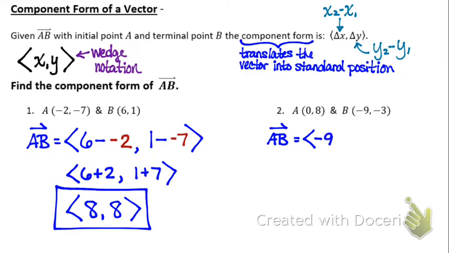Negative 9 minus 0, because it's always the second one minus the first one, because I want to find out how much it changed. I've got negative 9. And then what do I do for the y part? Negative 3 minus 8, which gives me negative 11.